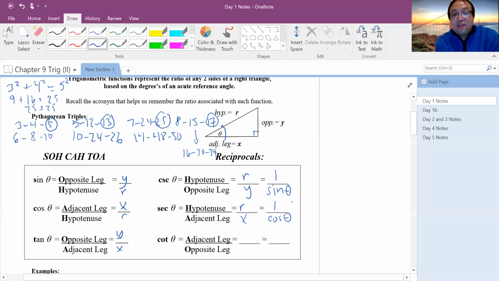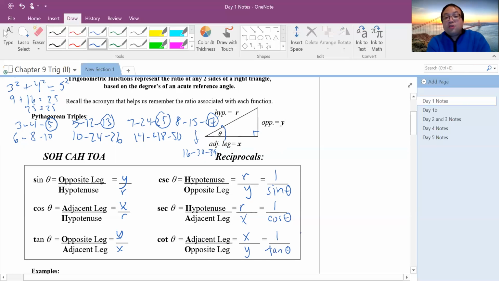And then we have one more, cotangent of theta. Do you see how I flipped the ratio for tangent of theta? So for this one, adjacent leg over opposite leg, that's going to be x over y. So cotangent of theta is simply the reciprocal of tangent of theta, 1 over tangent of theta.